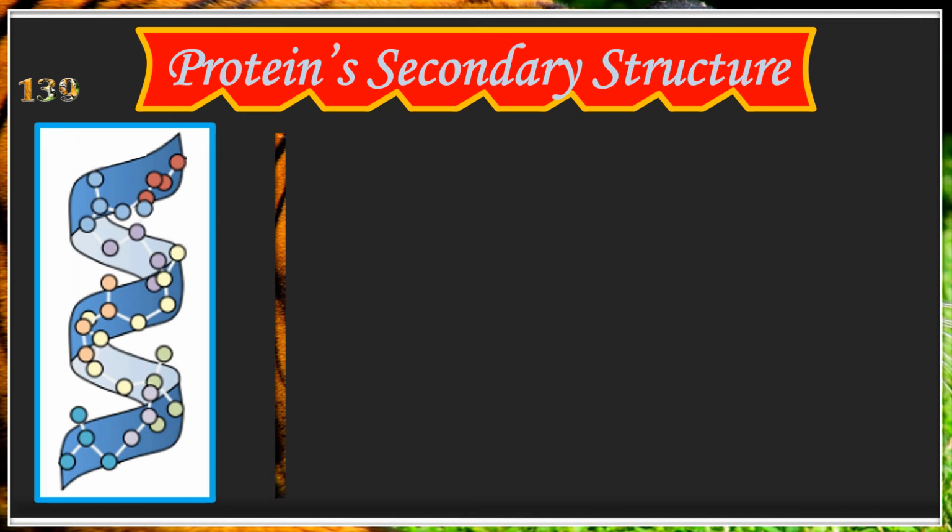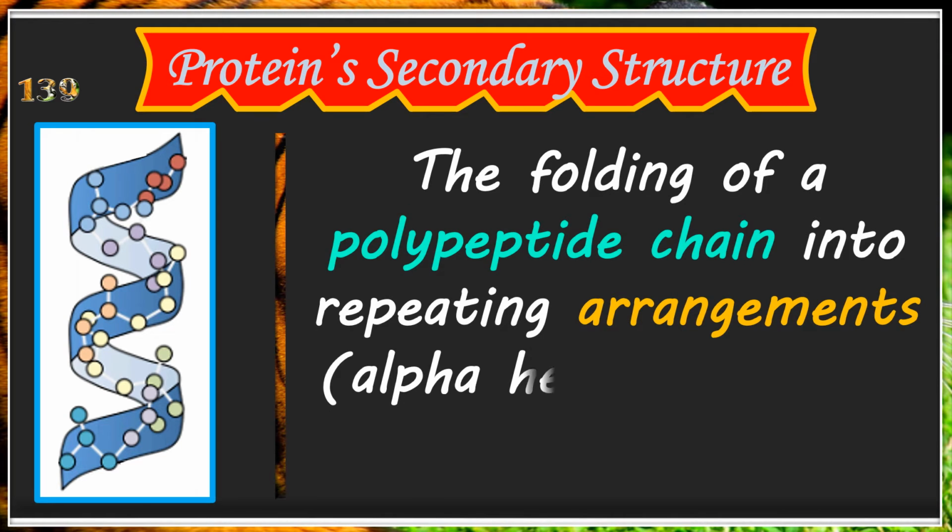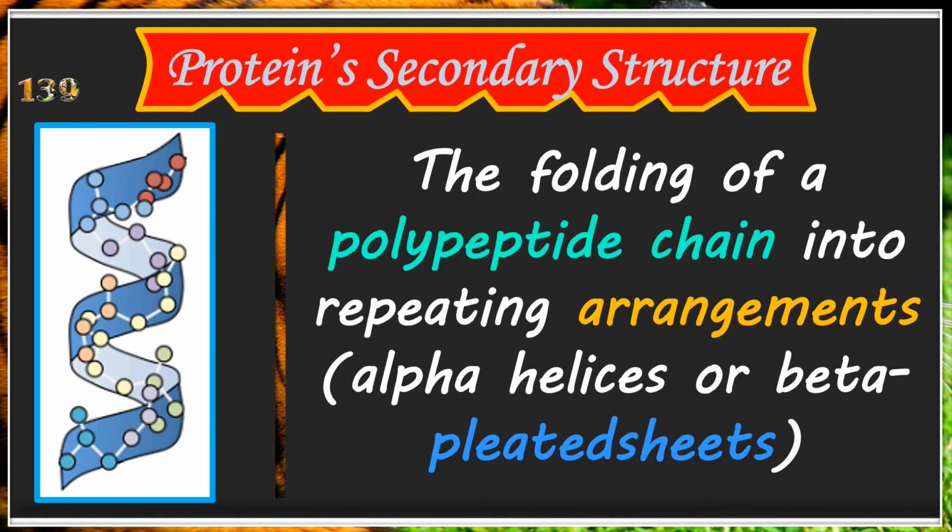Let's now look at the protein's secondary structure. It is the structure that you are seeing on your left. The folding of the polypeptide chain into repeating arrangements gives us the protein's secondary structure.